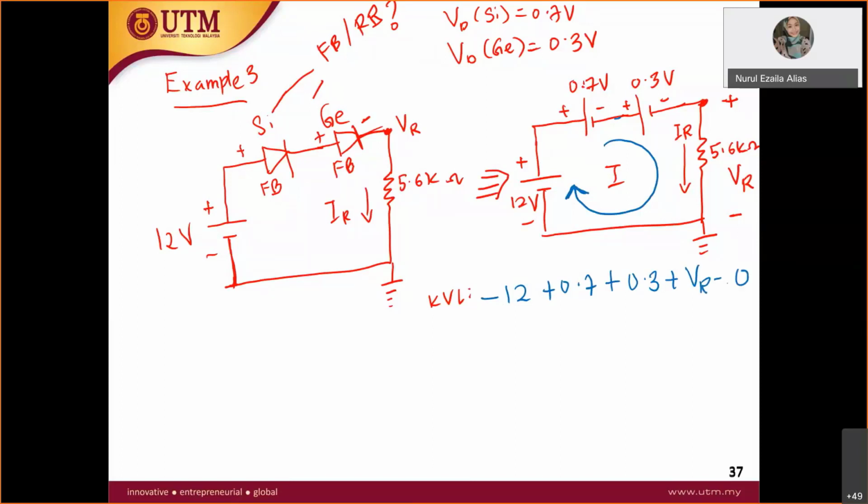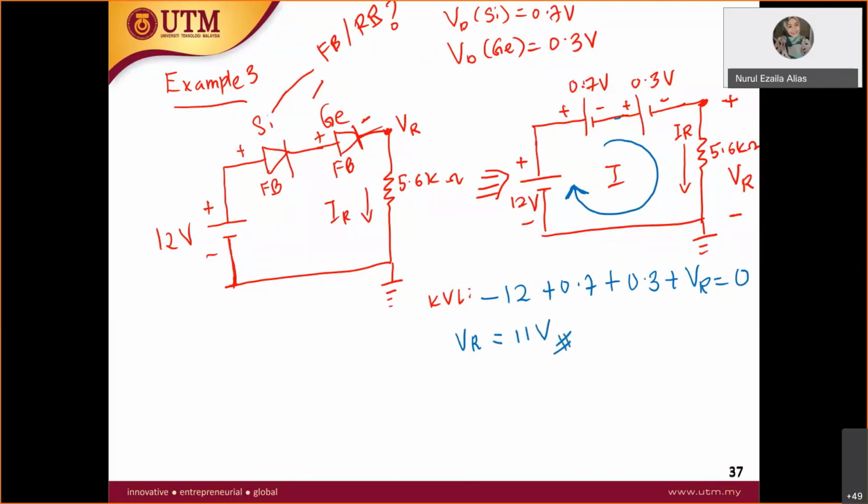Now you can either make it IR times 5.6K, or you can straight away find VR first. Can all of you calculate how much is the VR? 11 volt. Okay, great, now you get the VR.